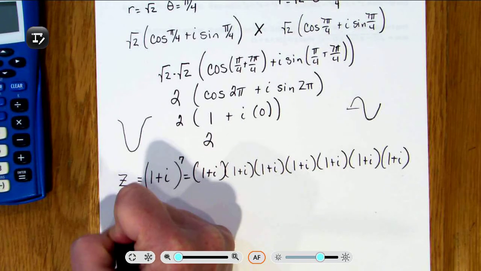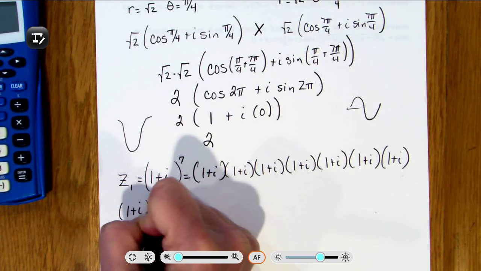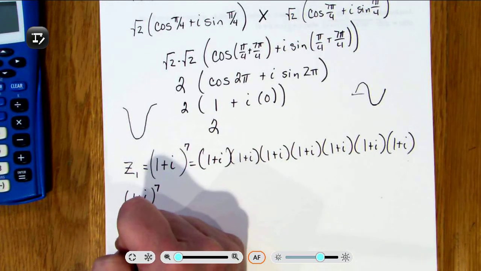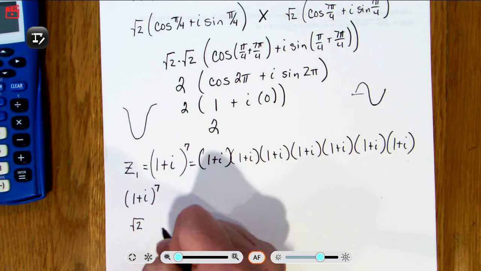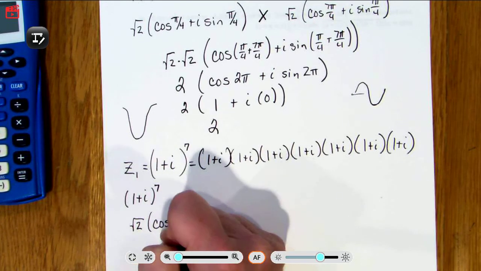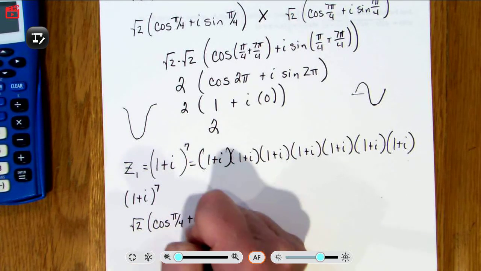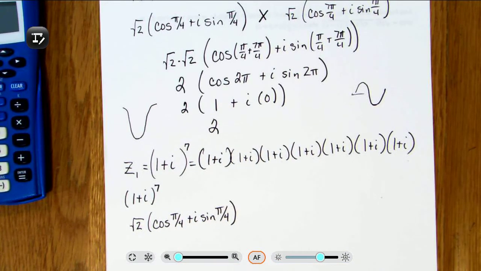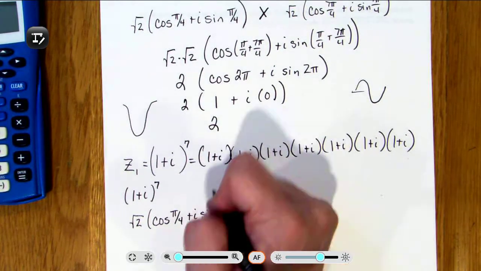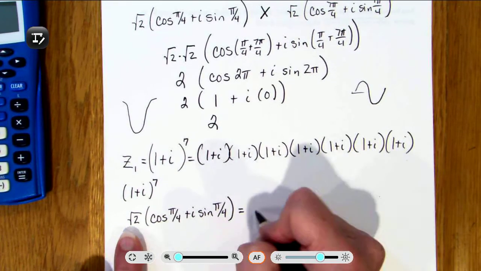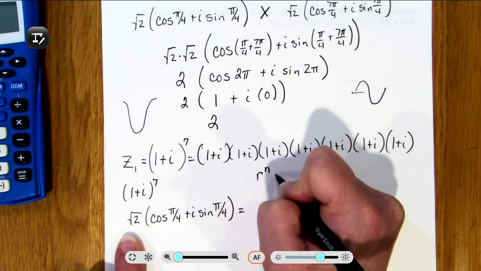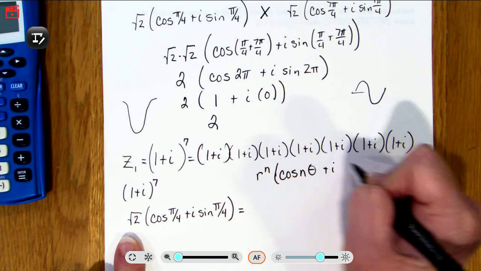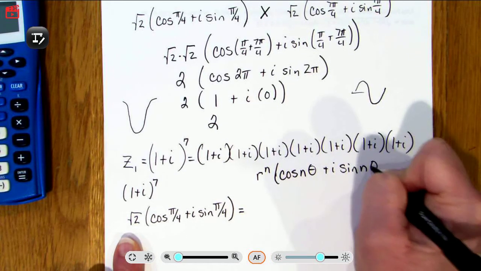So I can take that 1 plus i to the 7th power. I want to remind you that this is in its polar form, square root of 2 times cosine pi over 4 plus i sine pi over 4. If I want to raise it to the 7th power, I'm going to take my r to the 7th, and I'm going to write the formula down here for us: cosine n theta plus i sine n theta.